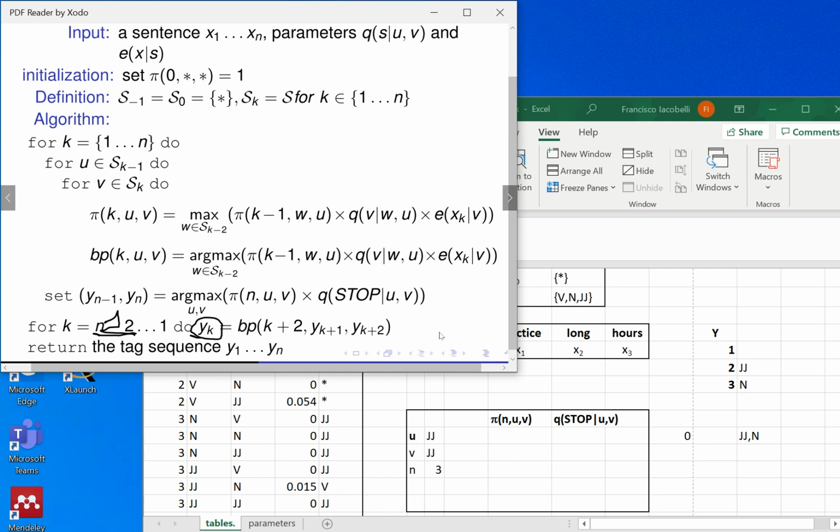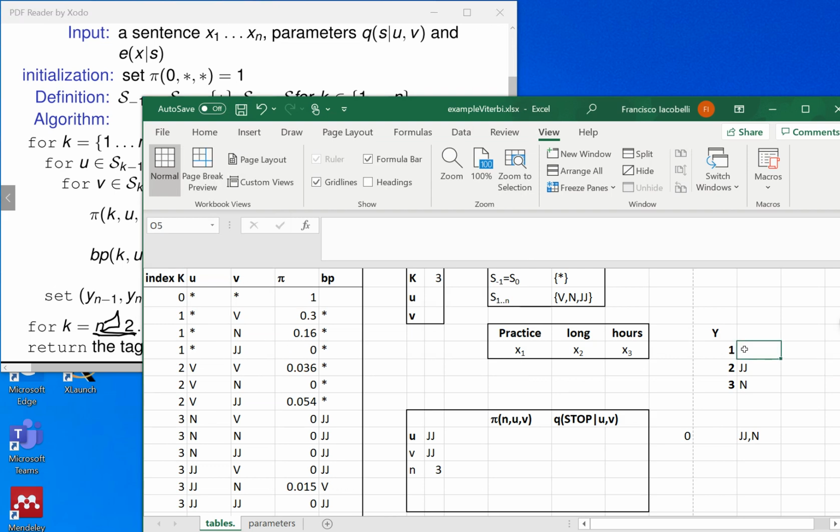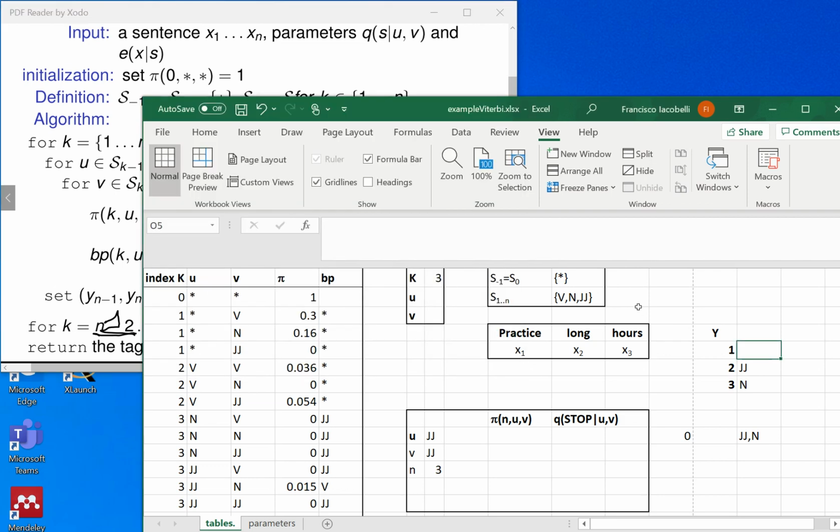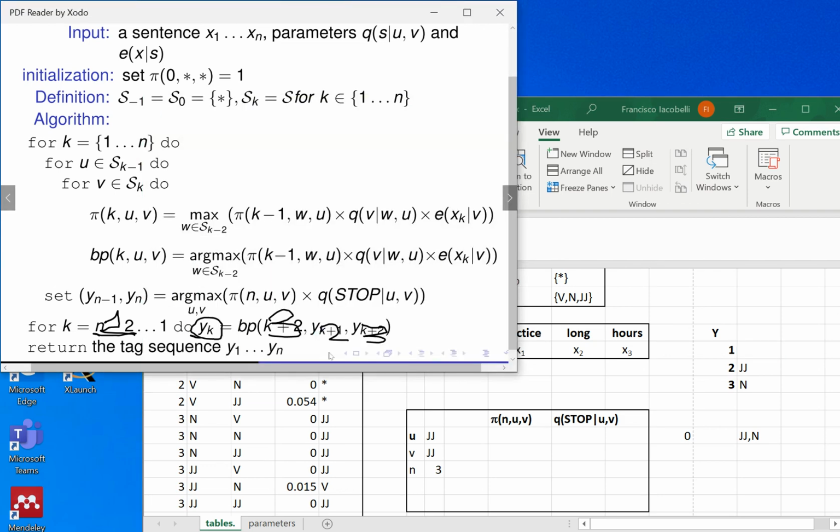It's going to be the back pointer of k plus 2, which is 3, with y of k plus 1. So k is 1, k plus 1 is 2, and k plus 2 is 3. So I'm going to look at the back pointer of 3 with y2 and y3.